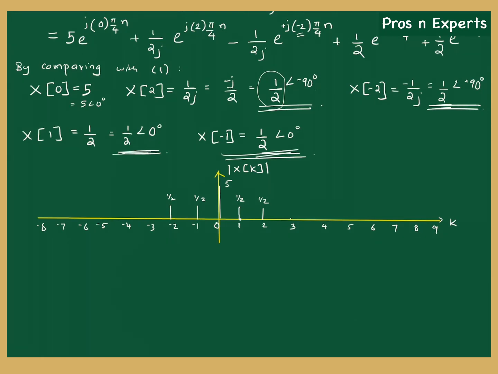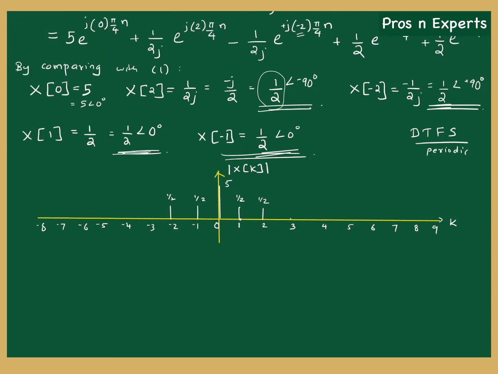You may think that the plot is over, but it is not, because we are dealing with the discrete time Fourier series, and the discrete time Fourier series in the frequency domain is periodic. That is a very important result. It is periodic.